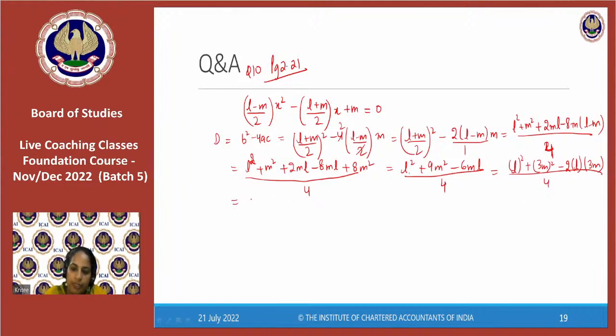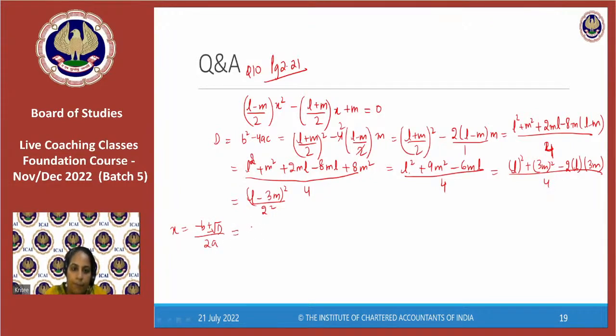So this can be written as (L minus 3M) whole square by 2 square. This is what your D is. So now your x is equal to minus b plus or minus root D by 2a.